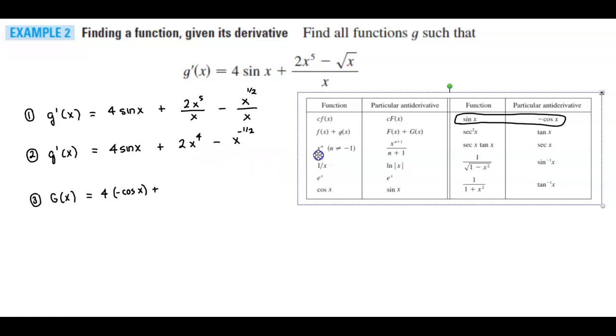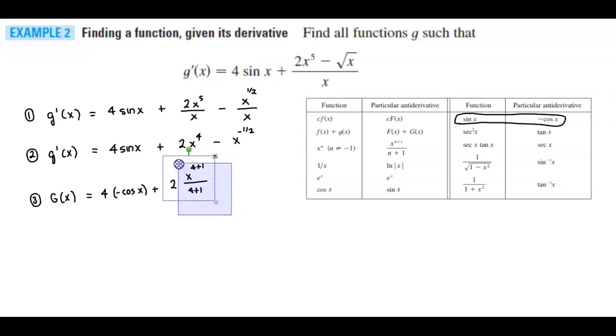Plus, what is the antiderivative of 2x to the fourth? Well, if you have x to the n, that means you add 1 to the exponent and then divide by that same n plus 1. So the n is going to be 4. So this is going to be 2 times x to the 4 plus 1 over 4 plus 1.